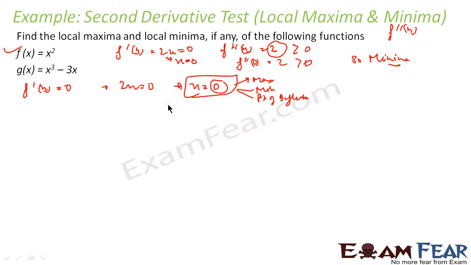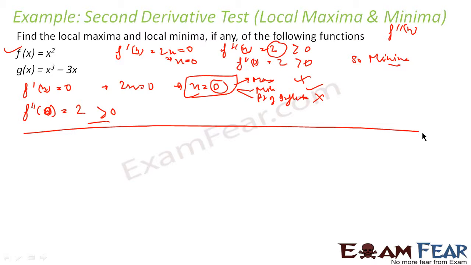To find that, I have to find f double dash 0, and f double dash 0 is nothing but 2, because f double dash x is 2, independent of x, and this is greater than 0. Since it is greater than 0, I can say that it is minima. So one part is done.